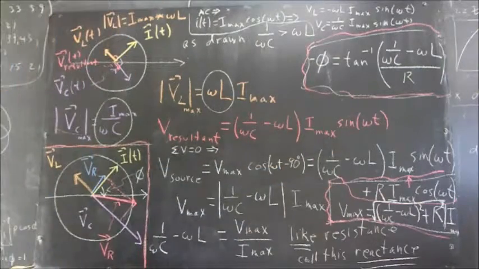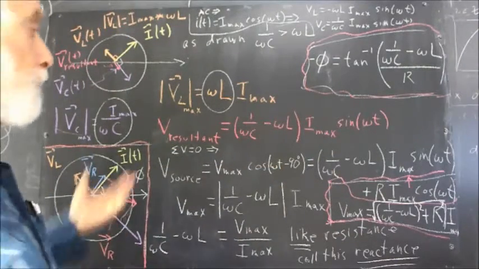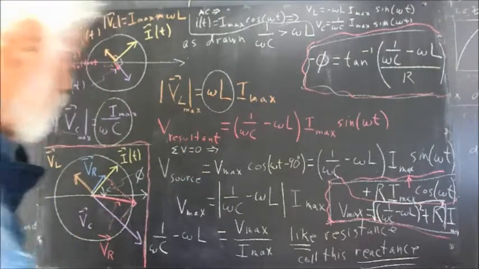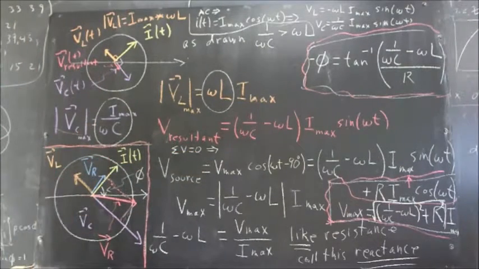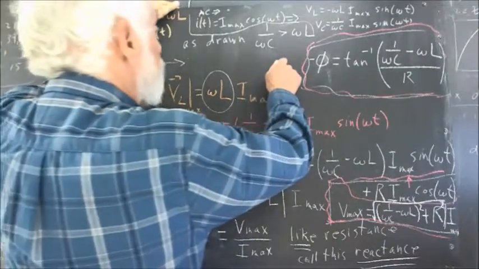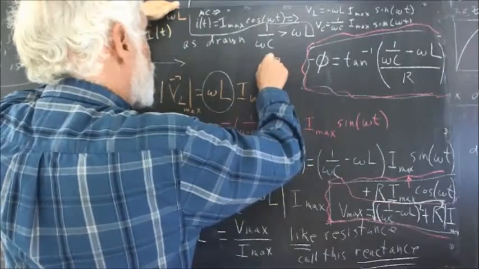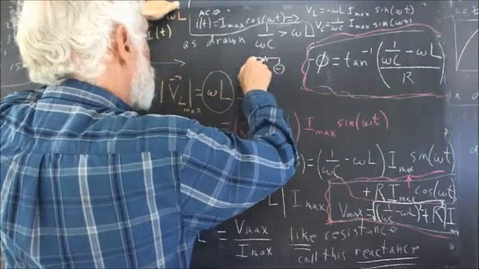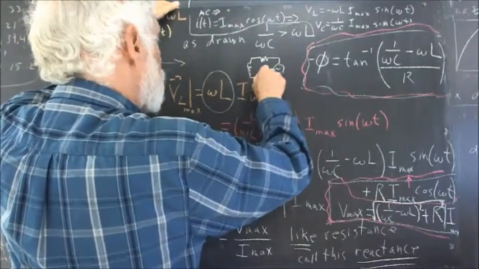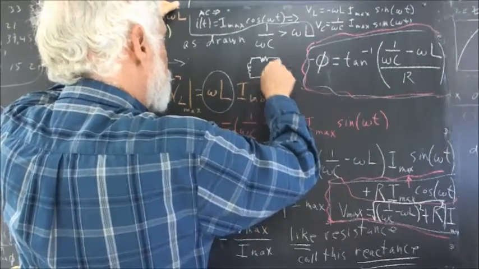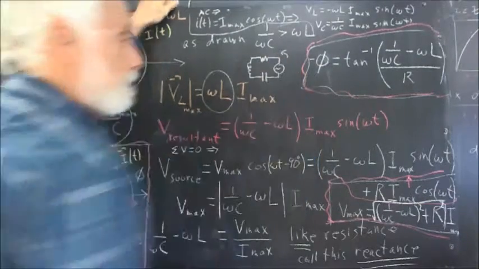And that's clearly going to be this. Okay, now the sum of the voltages around the circuit, and we're talking about an RLC circuit, and it might be useful if I was to sketch one up here. We'll put a resistor here, an inductor here, and a capacitor here, and a current.